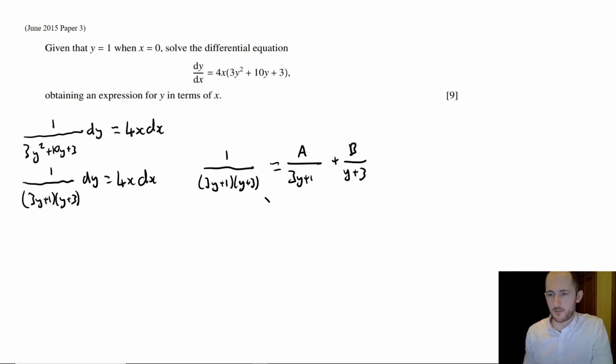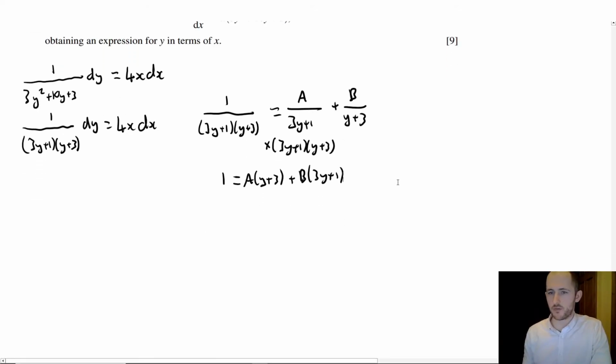So again, I'm timesing through by the denominator on the left, so 3y plus 1, y plus 3. So I have 1 equals a(y plus 3) plus b(3y plus 1).